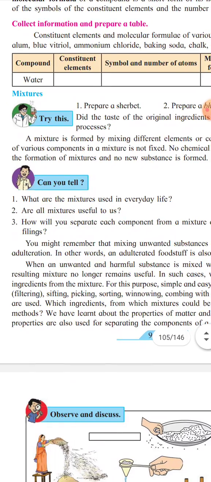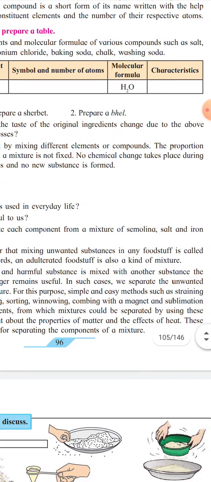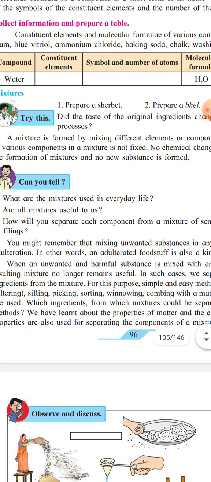Then how will you separate each component from a mixture of sand, salt and iron filings? Now, a magnet: you know the various uses of a magnet, which you learned in a previous class. If a magnet is moved around this mixture, the iron filings will stick to the magnet and can be removed.